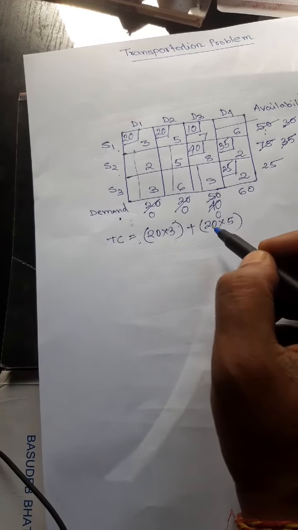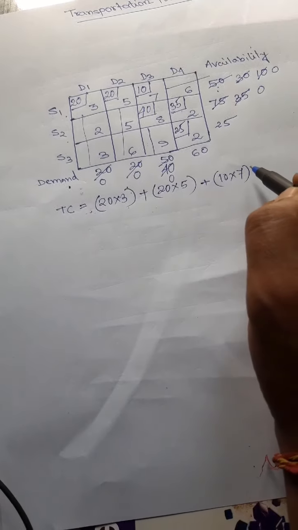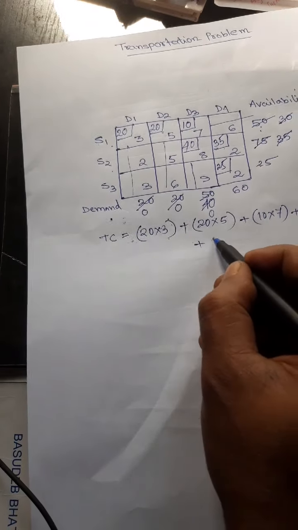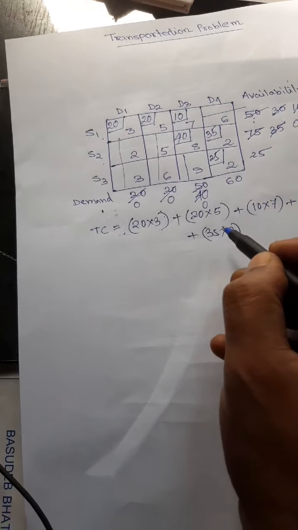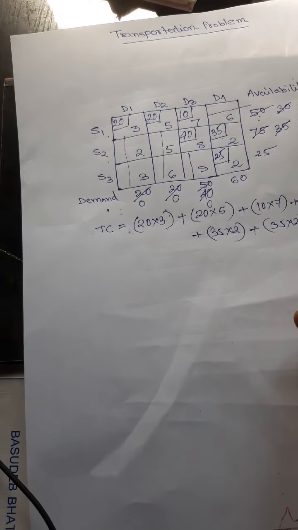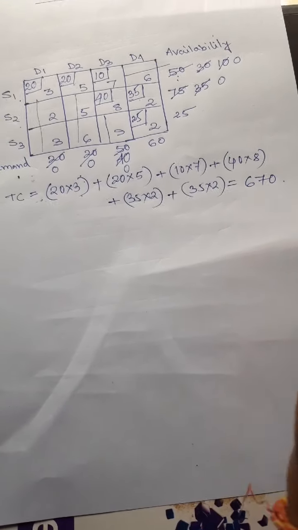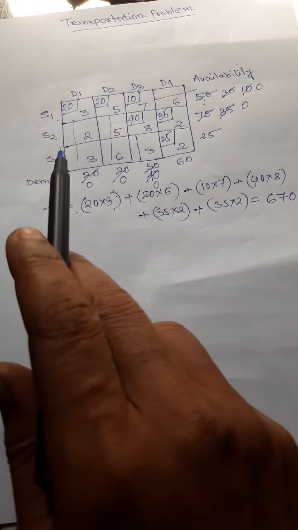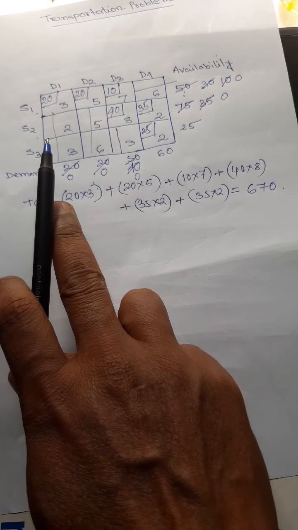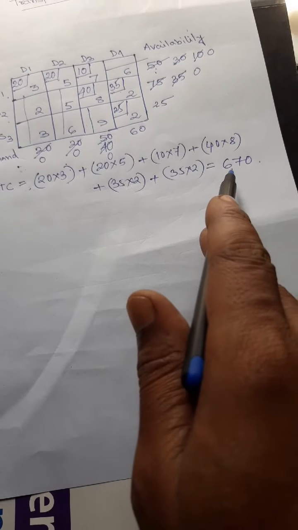So this is 20 into 5 plus 10 into 7 plus 40 into 8 plus 35 into 2 plus 35 into 2. So total cost becomes rupees 670. So based on the northwest corner rule method, the total transportation cost becomes 670.